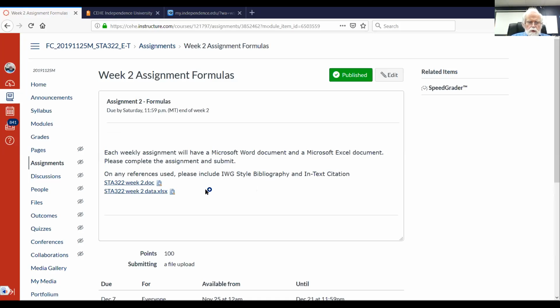So what we will do is discuss a few ways of looking at data using Excel.